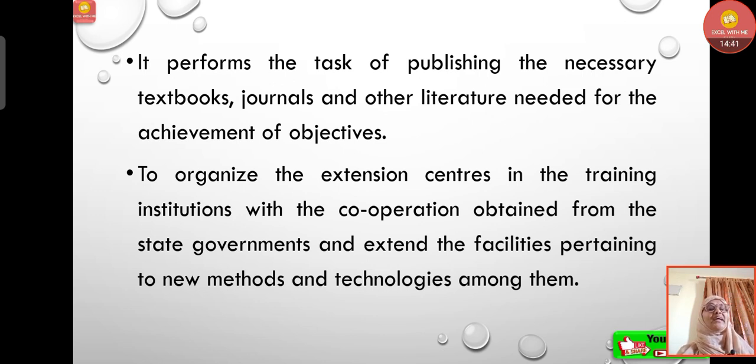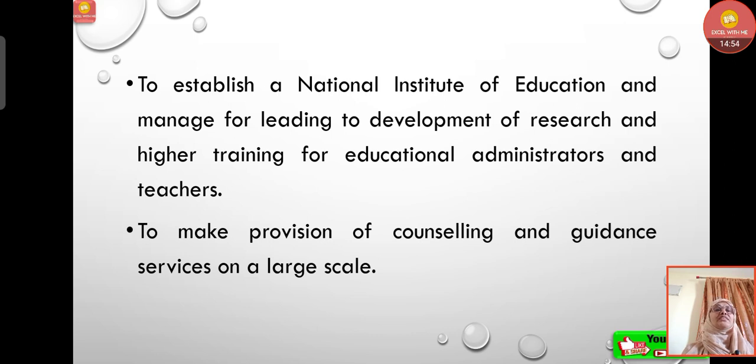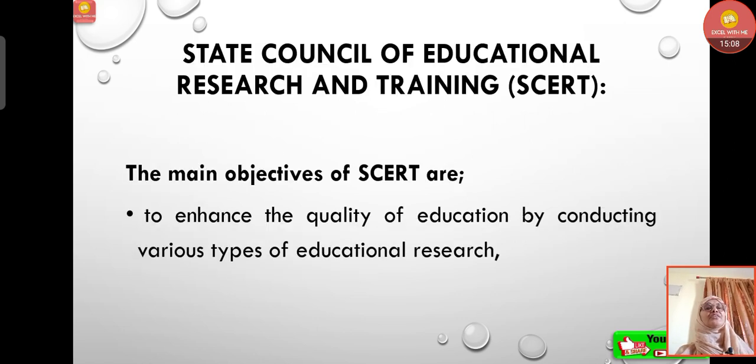Then to organize extension centers in the training institutions with the cooperation obtained from the state governments and extend the facilities pertaining to new methods and technologies among them. Then to establish a National Institute of Education and manage it for the development of research and higher training for educational administrators and teachers. Then to make provision of counseling and guidance services on a large scale.